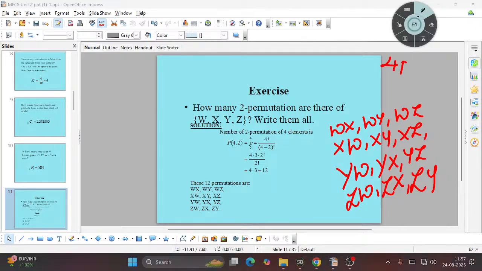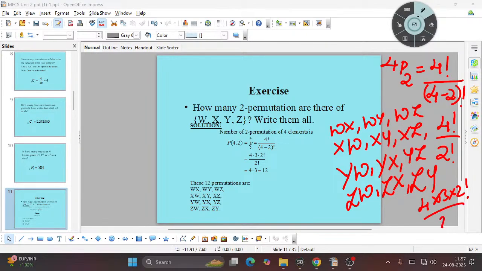So 4P2 is equal to 4 factorial by 4 minus 2 factorial, so 4 factorial by 2 factorial, so 4 into 3 into 2 factorial by 2 factorial. So it is 12 ways. 3, 6, 9, 12. So it is correct. Okay? Clear? Shall we go to the next one?